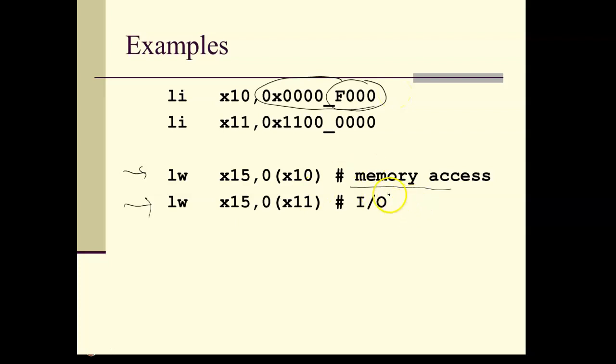This one is an I/O instruction because the address in X11 is greater than 0x0000FFFF. The only thing that differentiates these is the address. If it's above FFFF, it is an I/O instruction. If it's FFFF or below, it is a memory access instruction.